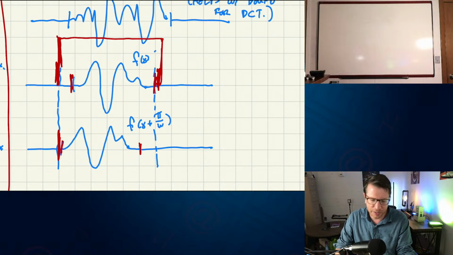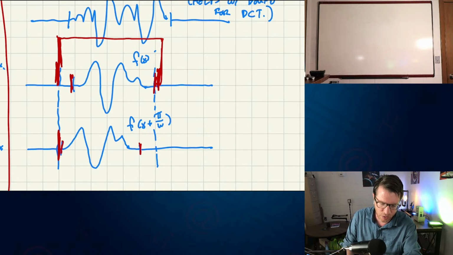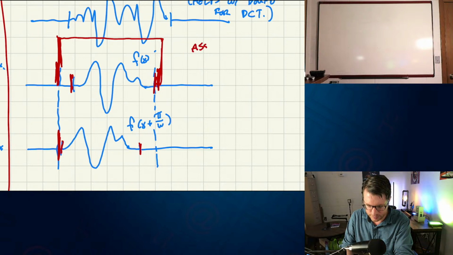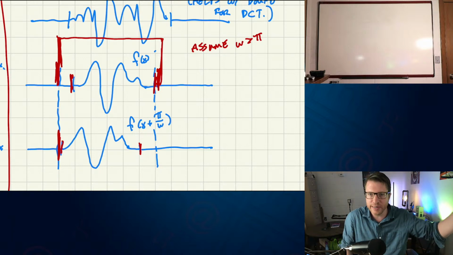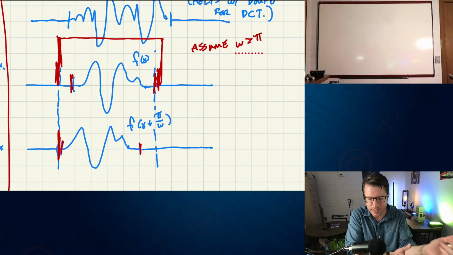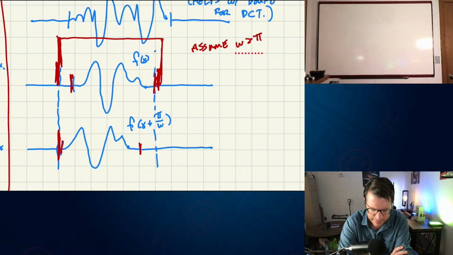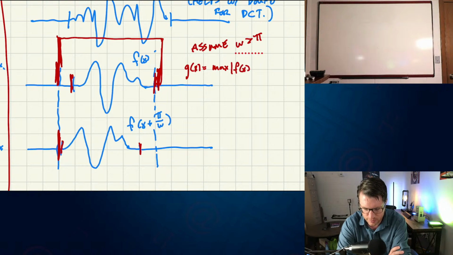So we're going to assume that omega is bigger than pi. It's going off to infinity, so we're free to assume it's as large as we want. And then our g of x is going to be equal to the maximum value of f over the interval, wherever that interval is, times 2.